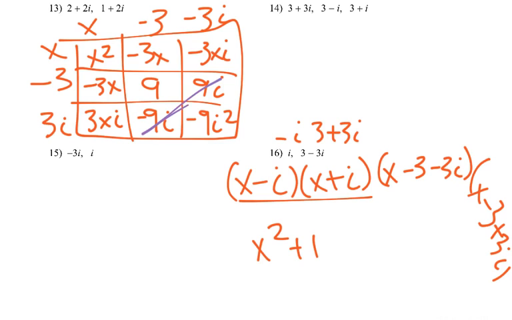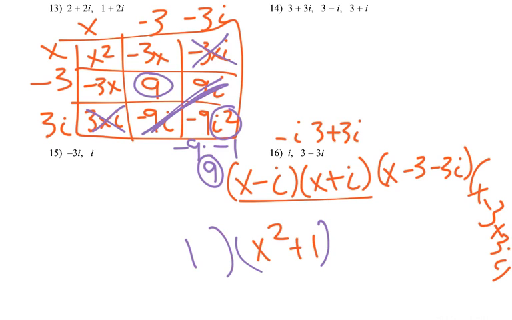Then, positive and negative cancel, positive and negative cancel. i squared is really negative 1, so negative 1 times negative 9 is a positive 9. So 9 and 9 would give us 18. Then negative 6x and x squared. Then we just multiply these ones out.